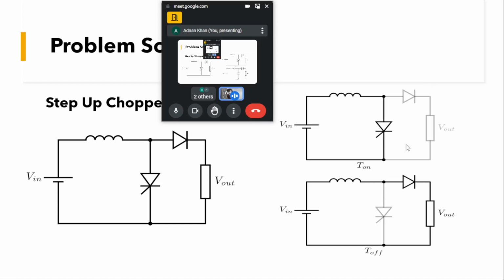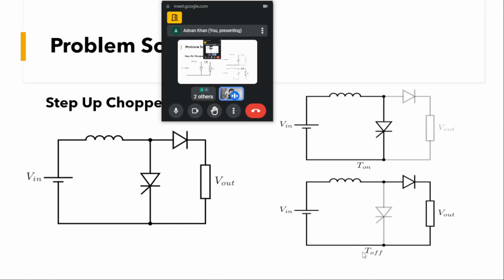When the output is disconnected, we won't have any voltage at the output at that moment, because we don't have any capacitor to hold any voltage for a continuous amount of time, since we have a diode and then the load. During this T on time, there will be no voltage. Got it?